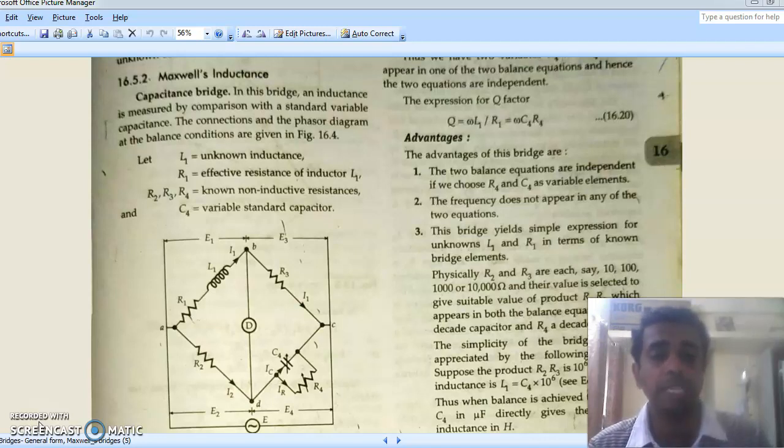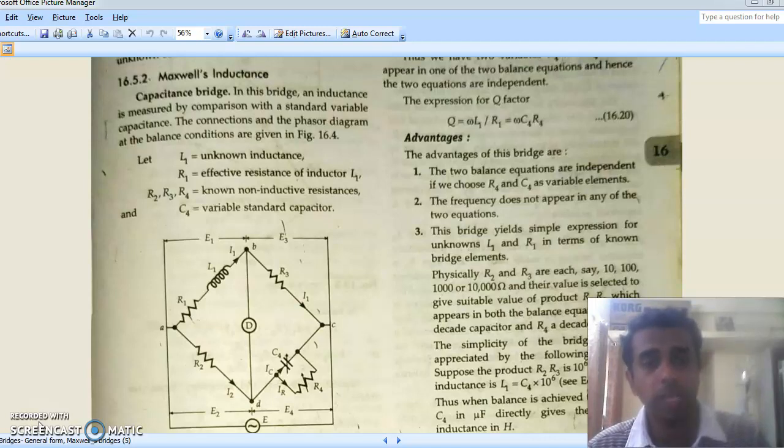In Maxwell's inductance bridge, R2 and L2 were the known quantities, and you got two independent equations so that you can get the value of L1, the unknown inductance. So we are calculating the unknown inductance in terms of a known resistance and a known inductance. That was the speciality of Maxwell's inductance bridge, and the variable resistance used was a decade resistance box.